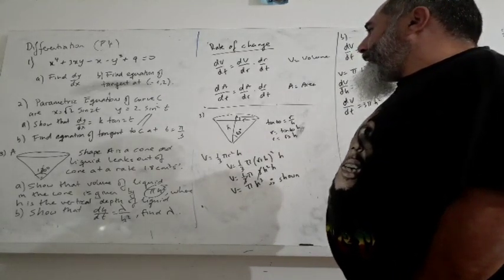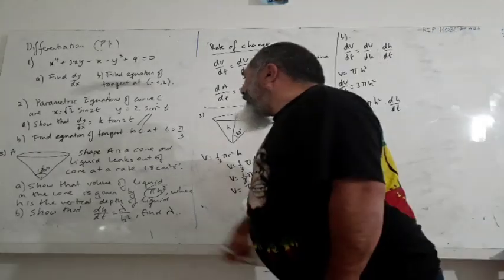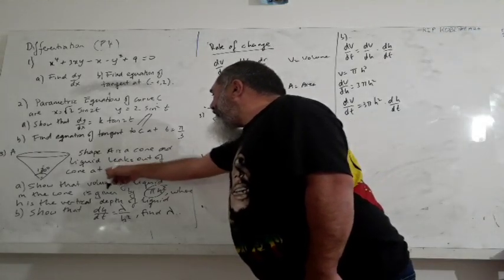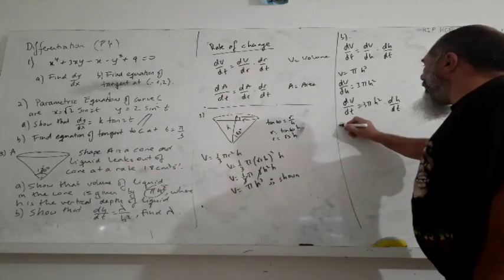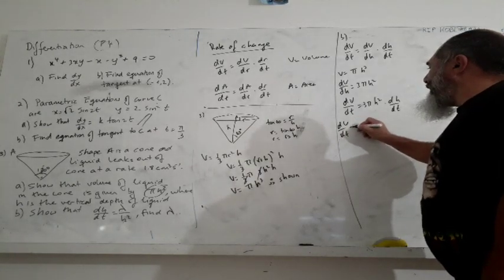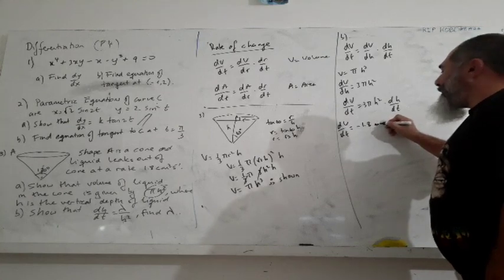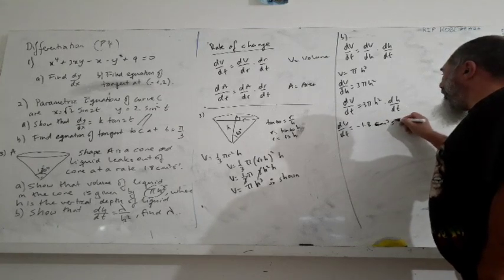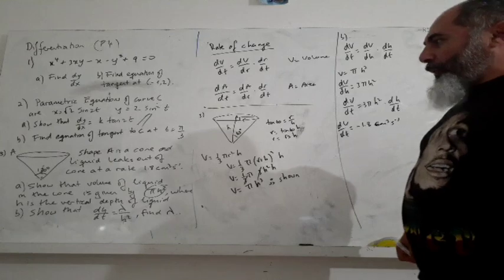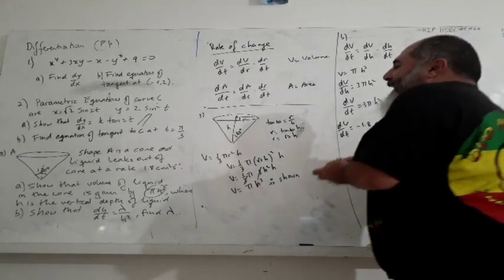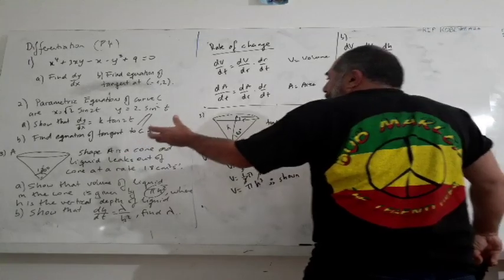The volume changes. dV over dt is minus 1.8 centimeter cubed per second for this question. Leaks out means we are losing from the volume.